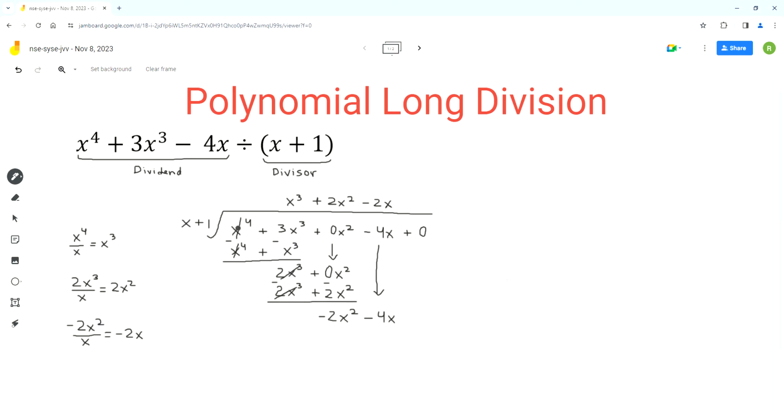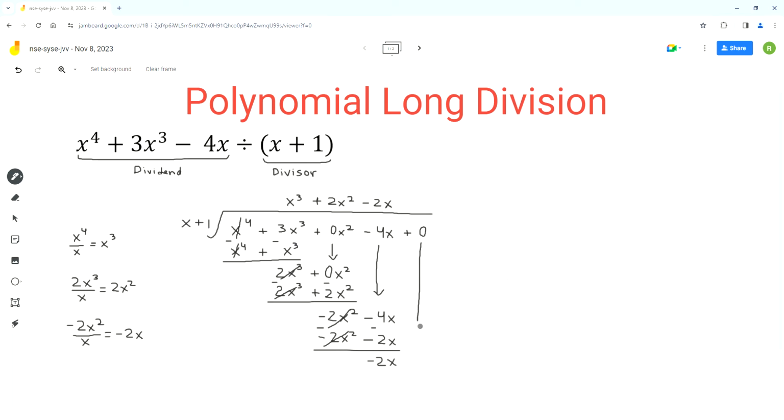Negative 2x times x is negative 2x squared, and negative 2x times 1 is negative 2x. Now we subtract the terms. Negative 2x squared minus negative 2x squared cancels out, so we get rid of the x squared terms. And here we have negative 4x minus negative 2x, so it becomes negative 4 plus 2, which is equal to negative 2x.